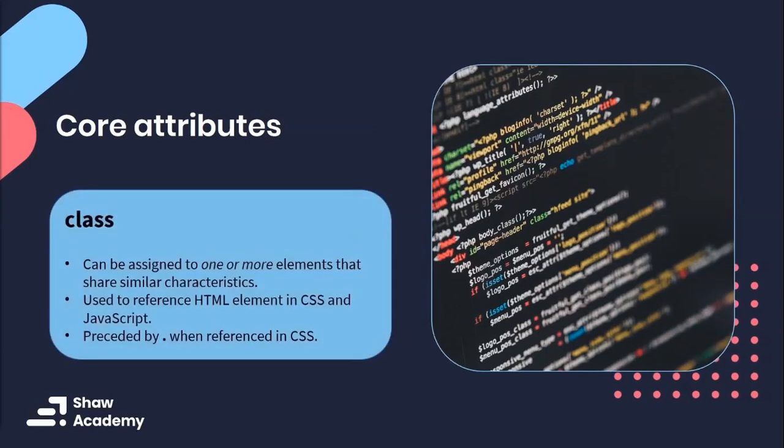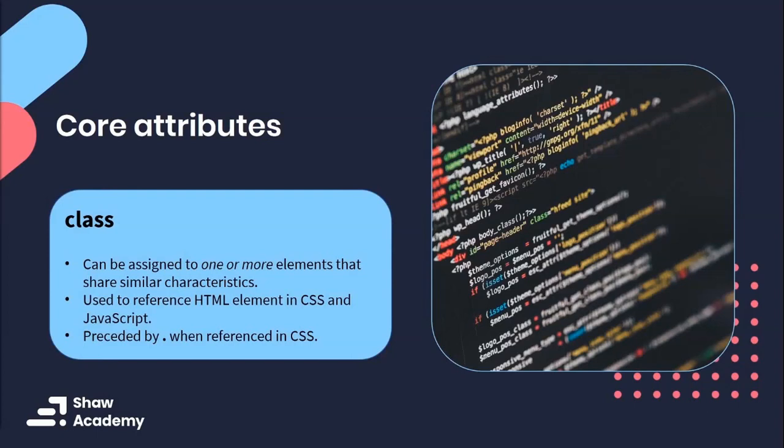Now, moving on, we also have the class attribute, and very similar to the ID, we can assign a specific class. This can be a string, it can just be a bunch of characters that sort of references that particular class. The difference between a class and an ID, as we mentioned previously, is that a class is used to group items that will share common characteristics such as the color of a button, the animation of a button, or even the size of the button.